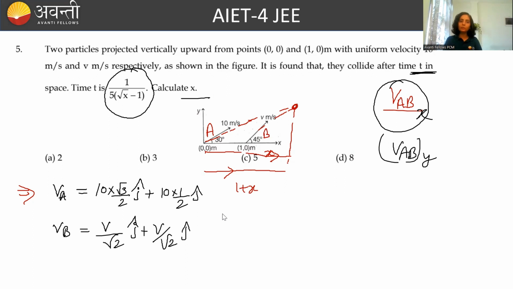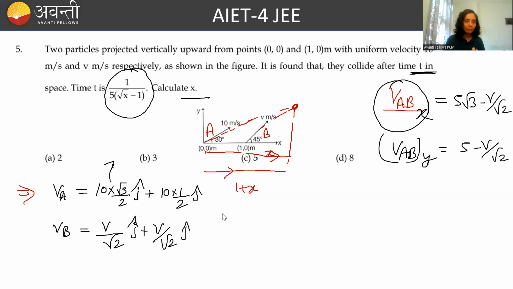So these are the individual velocities of A and B. Now what will be the velocity of A with respect to B in the X direction? It will be VA minus VB in the X direction: 5 root 3 minus V by root 2. And in the Y direction, the relative velocity will be 5 minus V by root 2. Okay, these things are there.